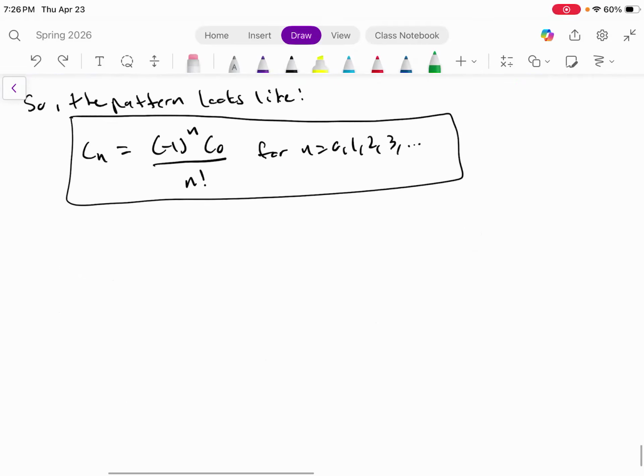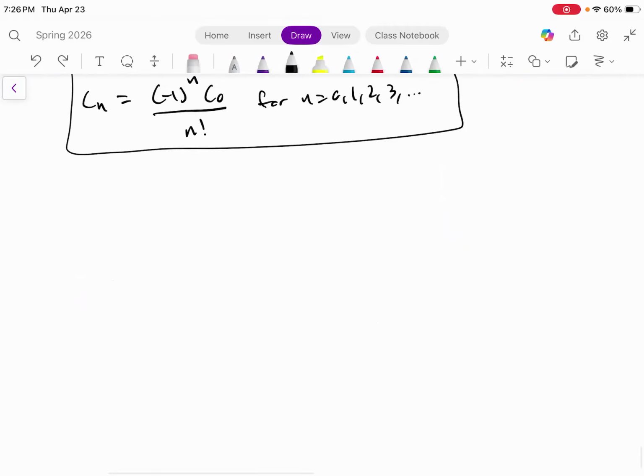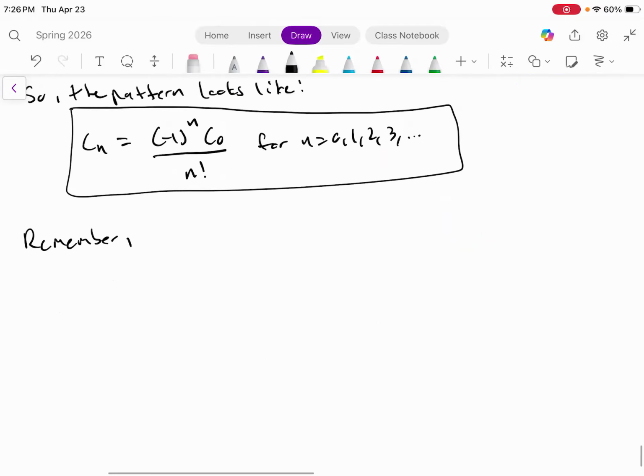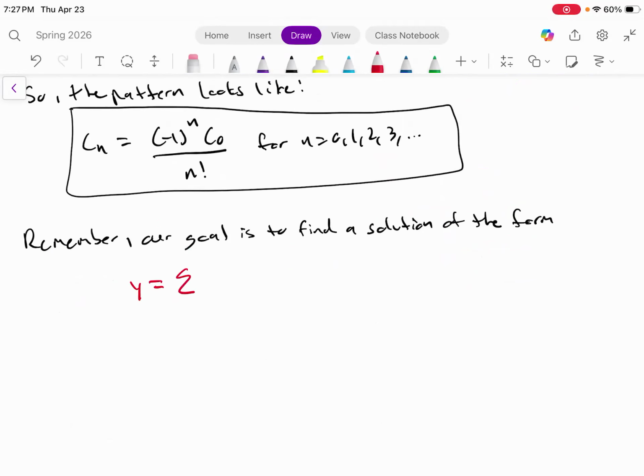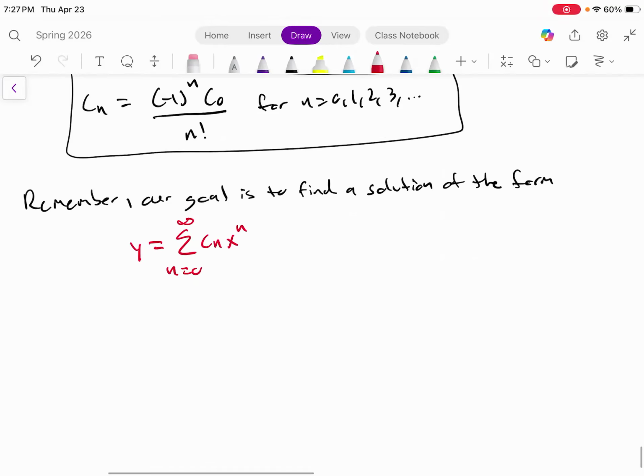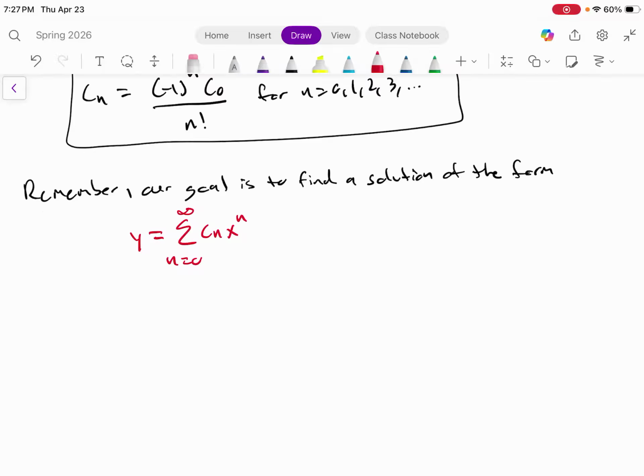Remember, our goal is to find a solution of the form y equals the series n equals 0 to infinity c sub n x to the n. So we know what c sub n is.